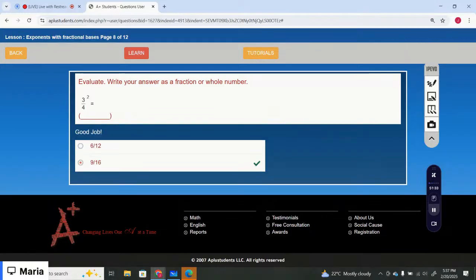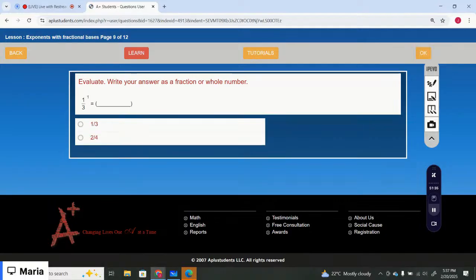Option number 2 is the correct option. 1 by 3 exponent 1, which is the correct option? Any number that has the exponent 1 stays the same. So that is 1 over 3. Option number 1 is the correct option.